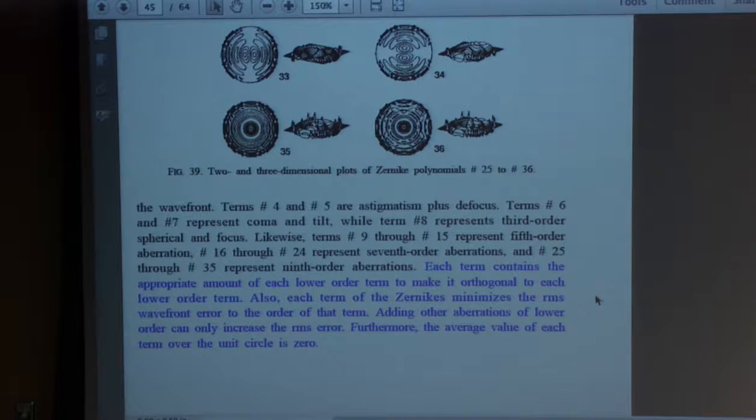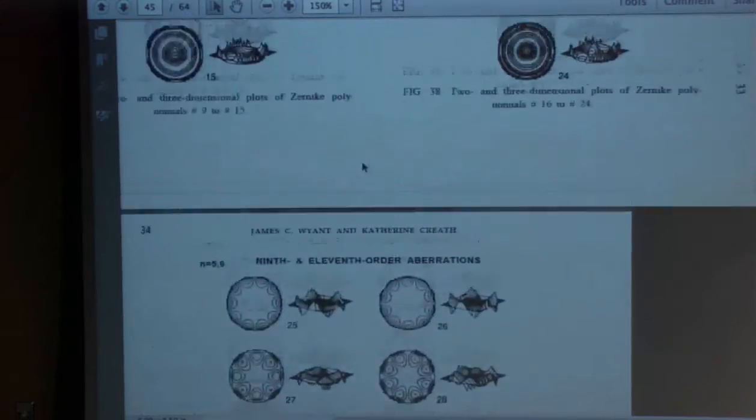The other thing is, this is actually very useful here. I said each term of the Zernikes minimizes the RMS wavefront error to the order of that term. And adding other aberrations of lower order can only increase the RMS error. Also, the average value of each term over the unit circle is 0.